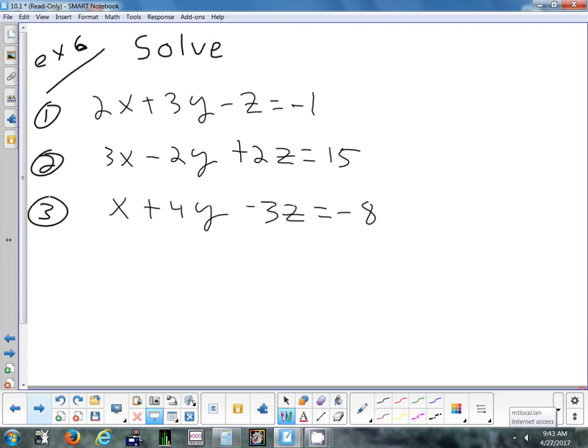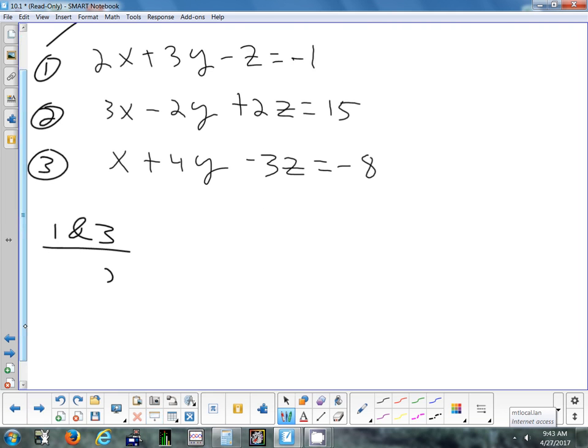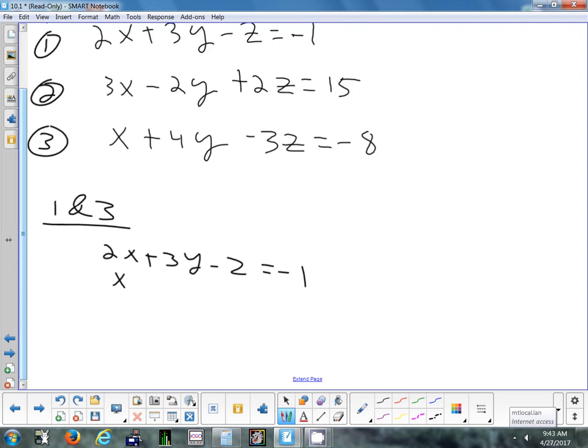Okay, so we're going to work with 1 and 3. So I'm going to write them down so I have them. 2x plus 3y minus z equals -1. And x plus 4y plus 3z equals -8. What letter do you want to try to get rid of here?